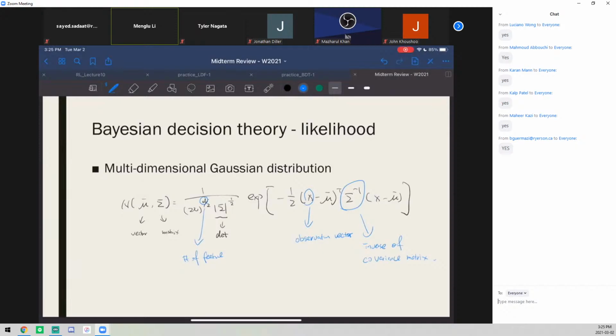Okay, so if we want to write the discriminant function, the G function, for the multivariate Gaussian, it has 3 cases.